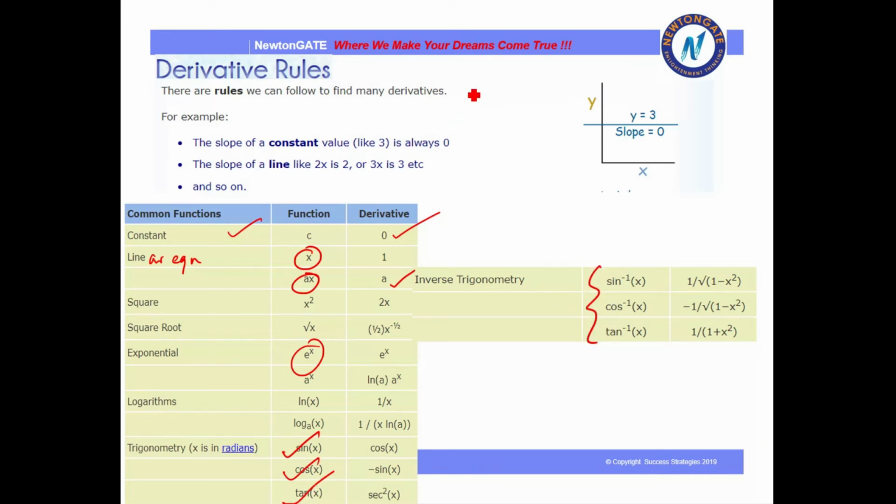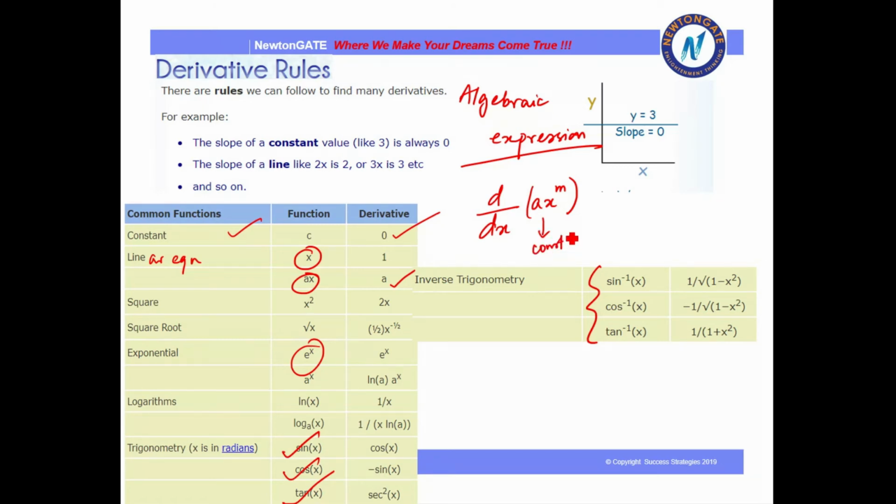Now for algebraic expressions, we have a general rule, which is d dx of a x to the power m, where a is a constant.